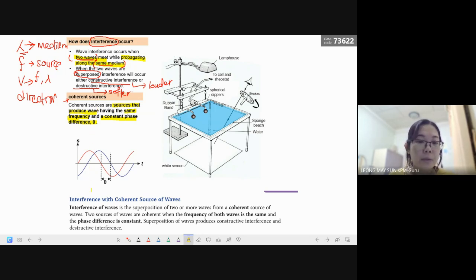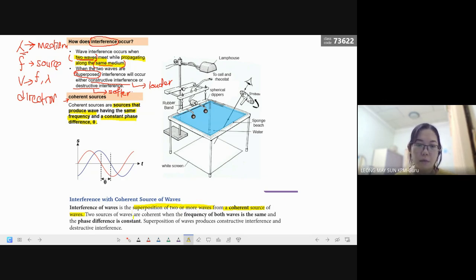Okay, so I hope that explains coherent sources. The top part is from my previous notes that I use. The bottom part here is coming from the Form 4 textbook. Interference of waves is a superposition of two or more waves from coherent sources of waves. So that is the definition for interference.